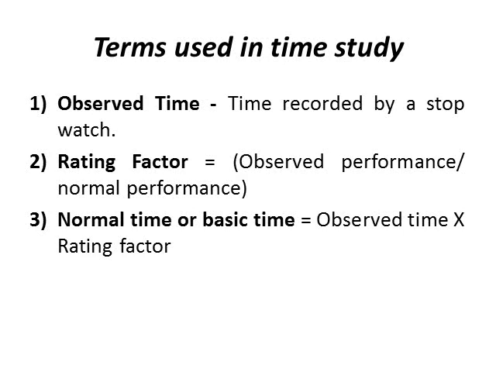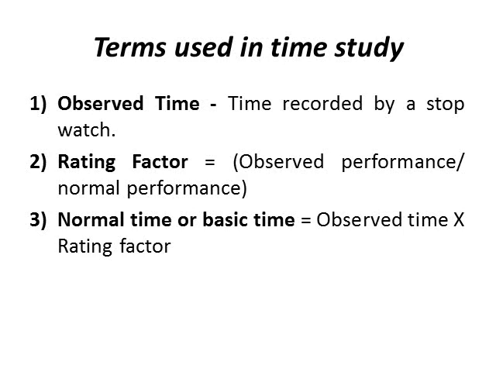So rating factor will be the ratio of observed time to the standard time. Rating factor equals observed performance, that is observed time, divided by normal time, or the standard time we have fixed. Clear?